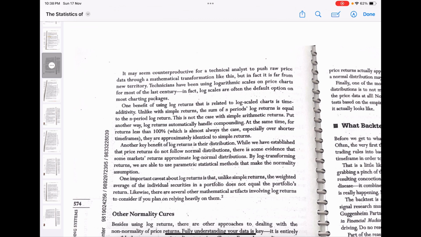It may seem counterproductive for a technical analyst to push raw price data through a mathematical transformation like this, but in fact, it is far from new territory. Technicians have been using logarithmic scales on price charts for most of the last century. In fact, log scales are often the default option on most charting packages.